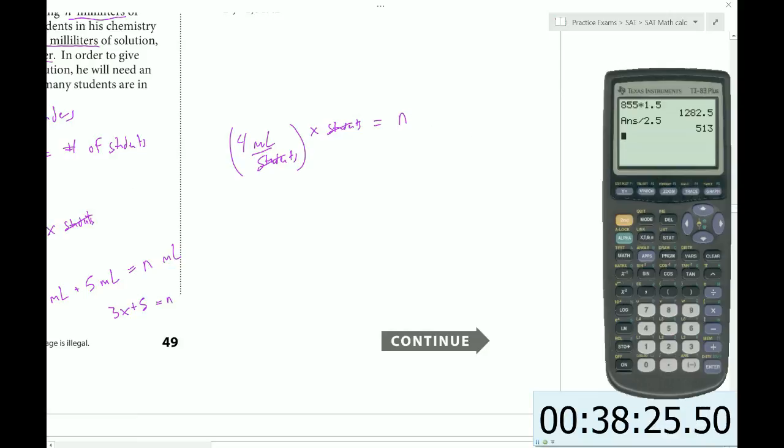So we would have to have n plus 21 milliliters for that to work. Okay, so let's just get rid of the units to make it a little bit simpler. So we're just looking at 4x is equal to n plus 21.